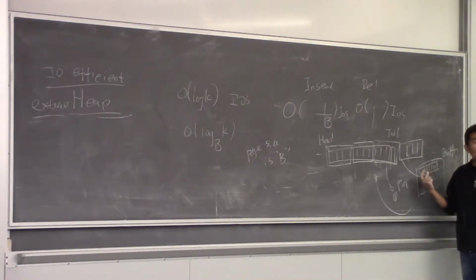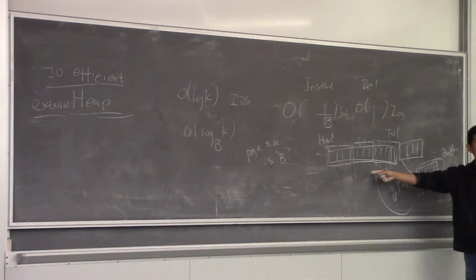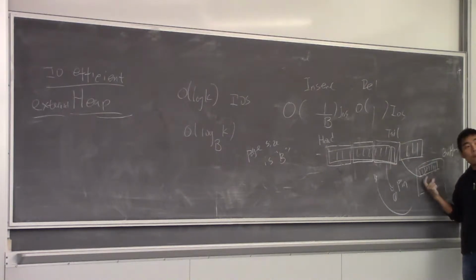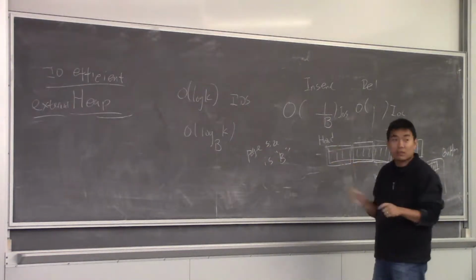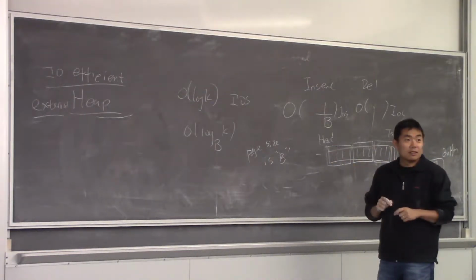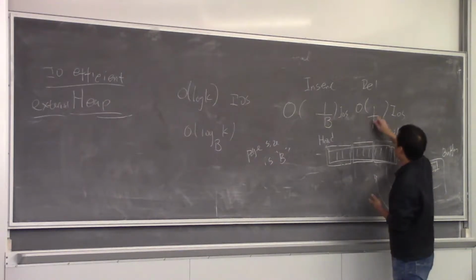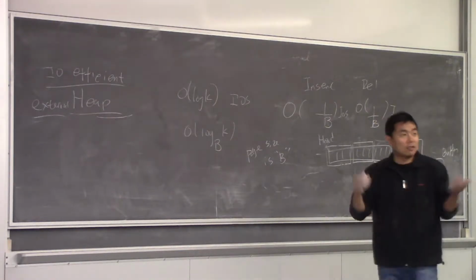But if you understand how the buffer works, that's no problem, because any request to the head of the queue will be served by the copy of the head page in the buffer, not by the copy of this page on disk. So the deletion cost becomes what? Amortized cost is 1 over B again.